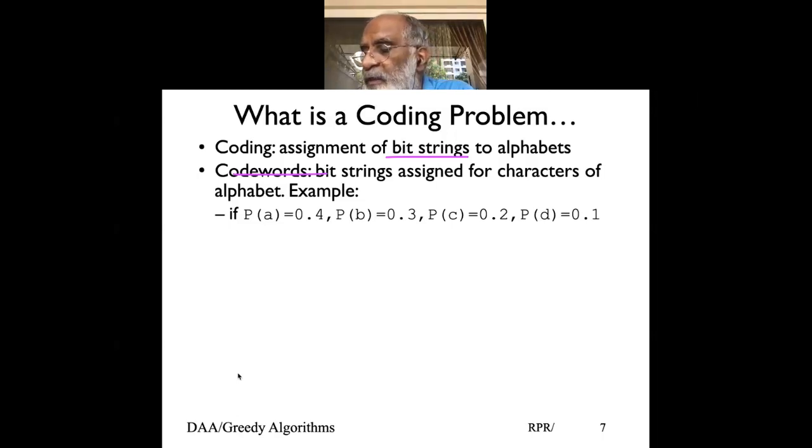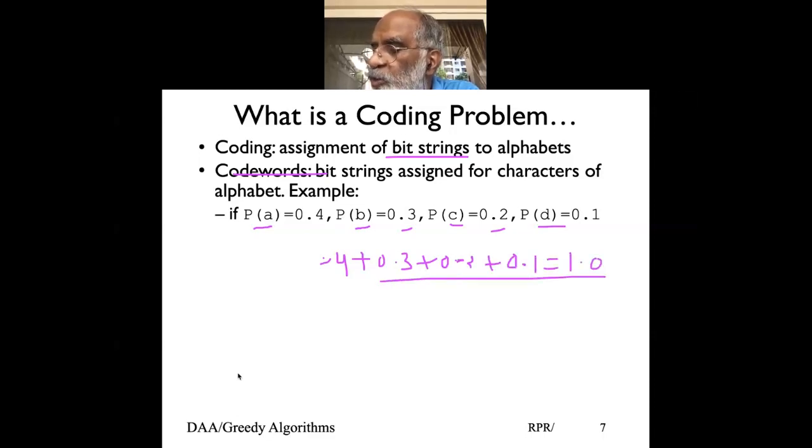Assuming we have 4 letters A, B, C, and D. A appears 40% of the time, so it has a probability of 0.4, B has a probability of 0.3, C has a probability of 0.2, and D has a probability of 0.1, and total probability has to be 1 because 0.4 plus 0.3 plus 0.2 plus 0.1 is equal to 1. So the total has to be probability 1, and that is what we have to make sure.